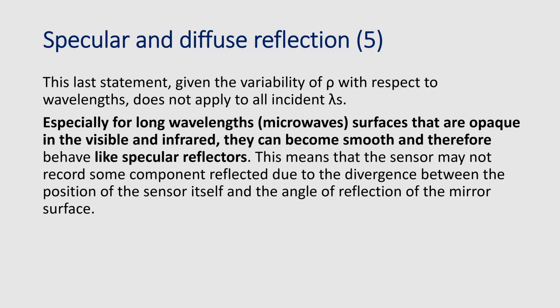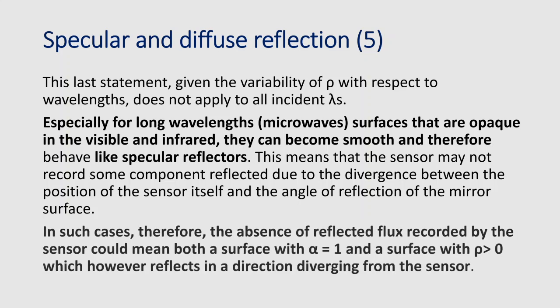For example, the sea is Lambertian in the visible and in the near and middle infrared, and in very long microwave wavelengths could be smooth and then act like a specular surface. So you see, another thing that is a function of wavelength.